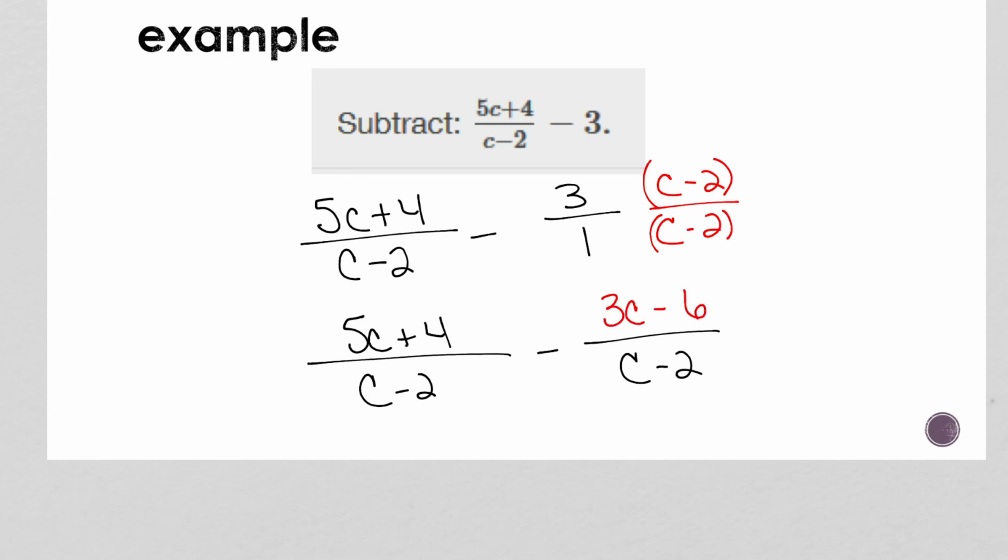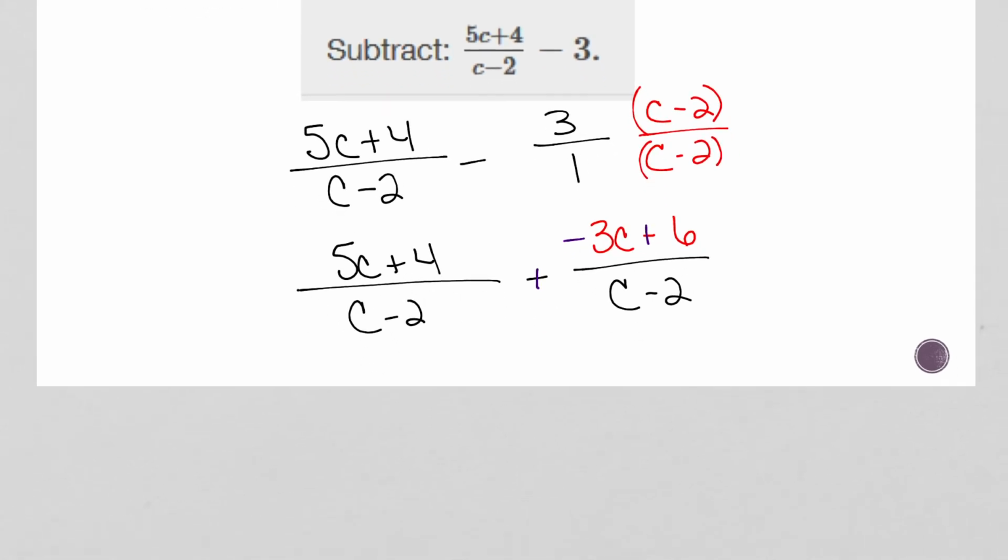Now, let's distribute our minus sign. And my like terms are 5c plus a negative 3c, which gives me 2c. And then I've got positive 4 plus positive 6, which is 10 over c minus 2.